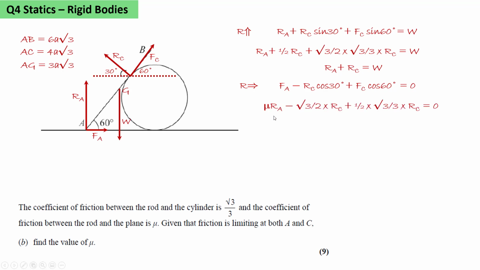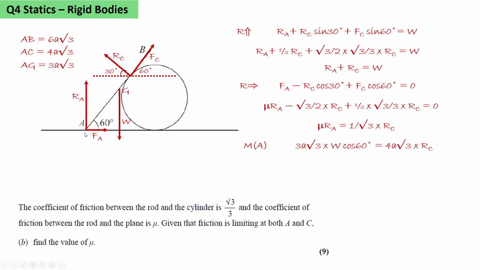Changing FA for mu RA, putting cos 30 equal to √3/2 and cos 60 equal to half, and putting FC equal to √3/3, the coefficient of friction, times RC, we get this equation, which we can simplify to give mu RA equals 1/√3 times RC.